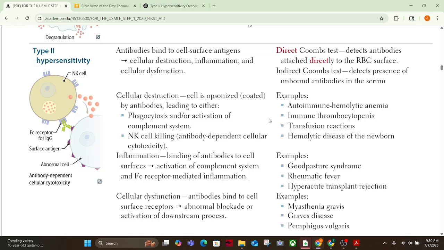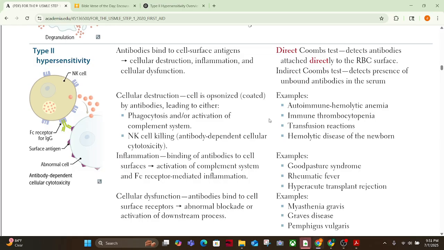So now the mom has to make antibodies against the baby's Rh positive antigen. So the mother will now have Rh antibody in her blood, but at this moment the mother is fine because sensitization takes time to happen. That's why this is only problematic for the second baby.